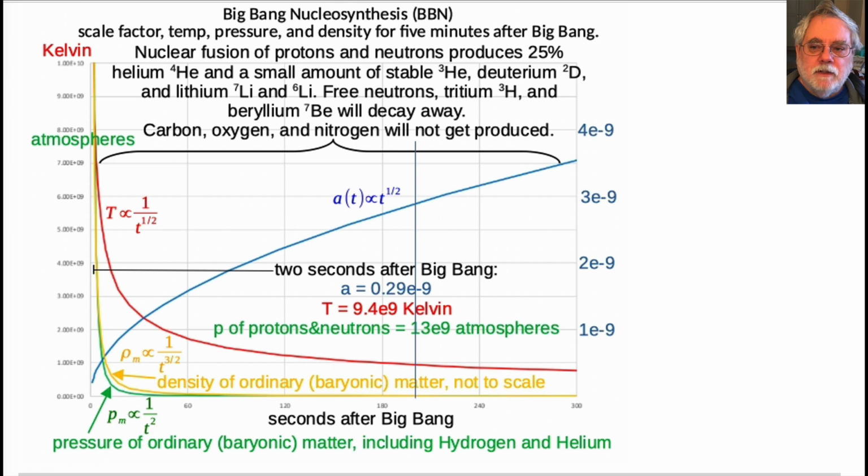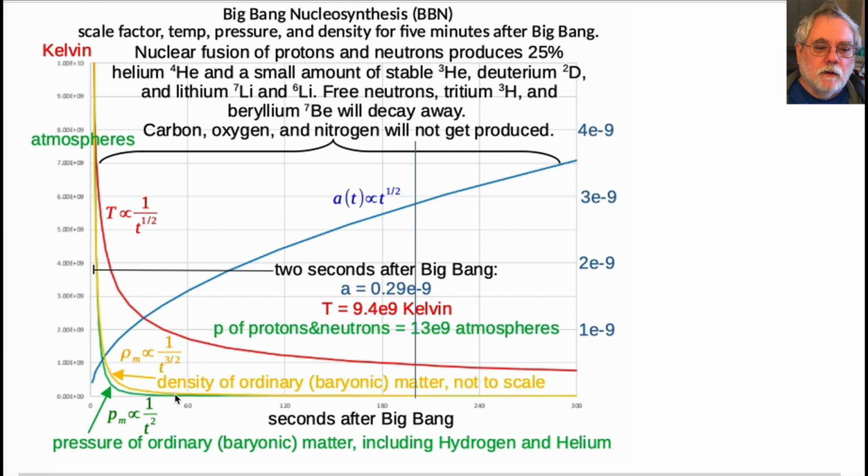Two seconds after the Big Bang, the pressure of the kinetic energy of protons and neutrons was about 13 billion atmospheres, about 20 times less than at the core of the Sun, but the radiation pressure was comparable to the core of the Sun. The pressure of ordinary matter fell rapidly.